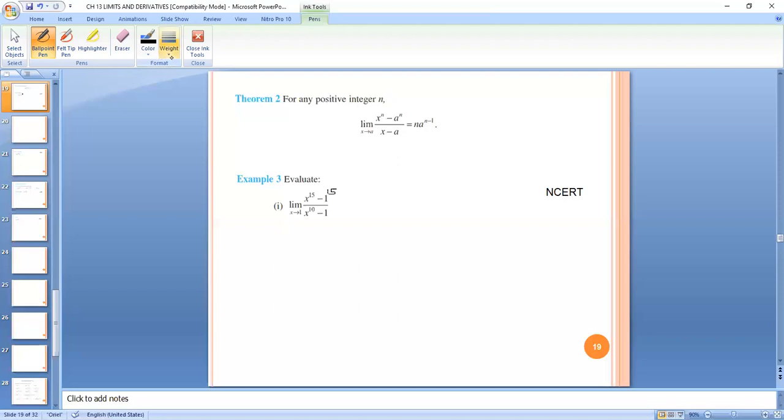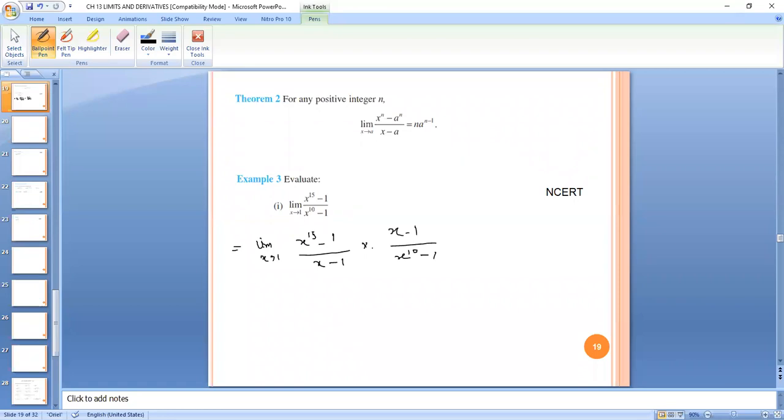This we can write as limit x tending to 1 of (x raised to power 15 minus 1) upon (x minus 1) into (x minus 1) upon (x raised to power 10 minus 1). What I have done is multiply it with x minus 1 and divide it with x minus 1.